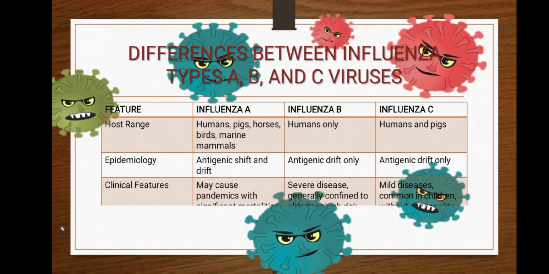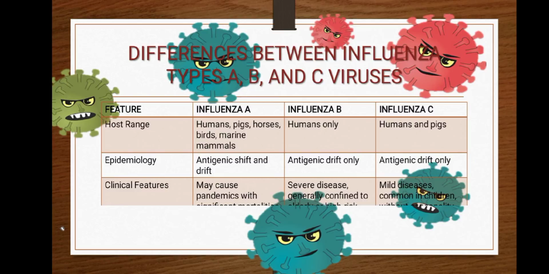Epidemiology. Influenza type A viruses undergo both kinds of changes, the antigenic drift and shift, while influenza type B and C viruses change only by the gradual process of antigenic drift.